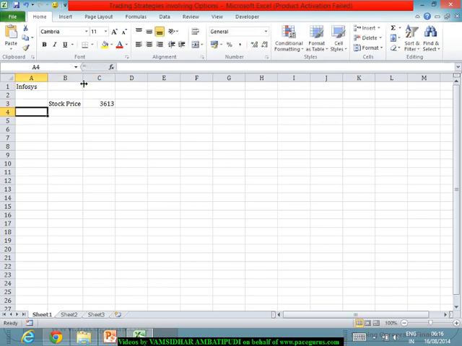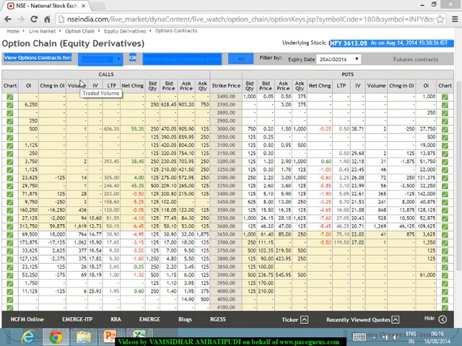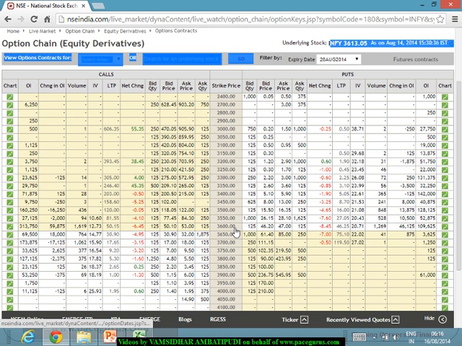Then, to demonstrate all these things, I would like to have a few call options. Because the price is 3613, I'll take 3600 as at the money. These are the different strike prices that are available for the call option, and this side is for the put option.